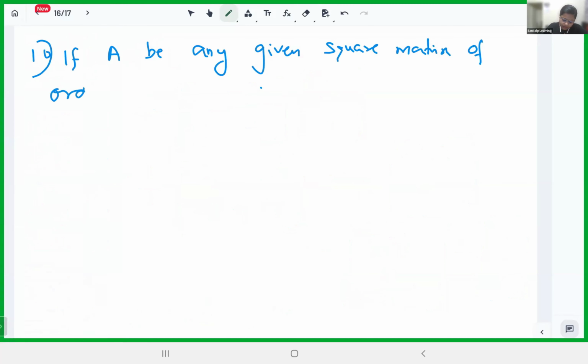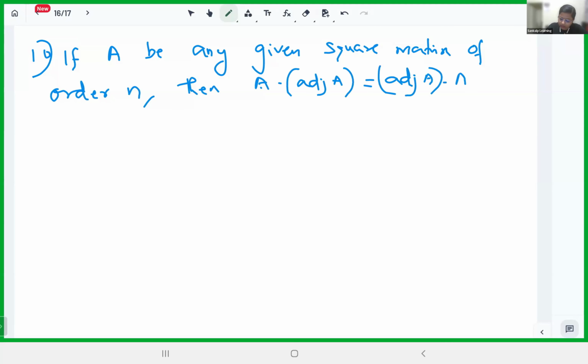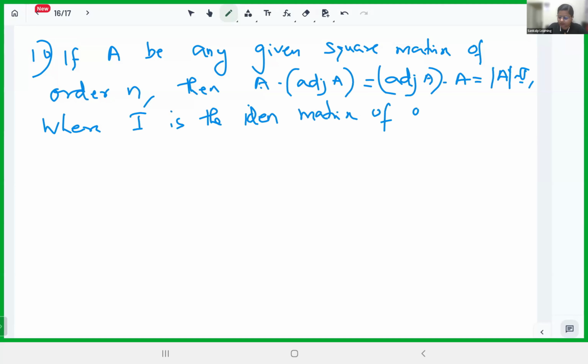The last question is, if A be any given square matrix of order n, then A into adjoint of A equal to adjoint of A into A equal to determinant A into I, where I is the identity matrix of order n.